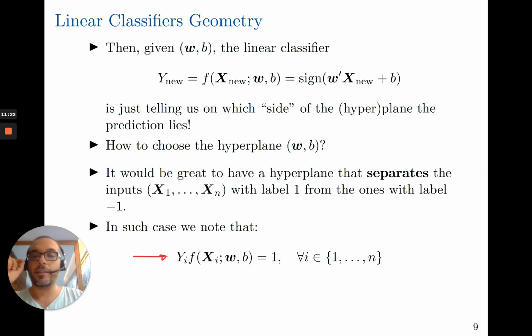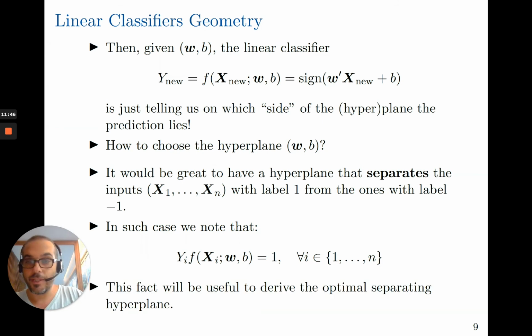If we have the correct classification, so if y is 1 and f is 1, the product will be 1. If y is -1 and the function is -1, then the product is also equal to 1. So this is saying that we are correctly classifying all the observations, and we are going to use this expression to find the best hyperplane.